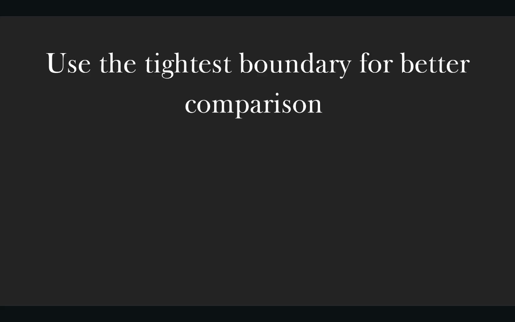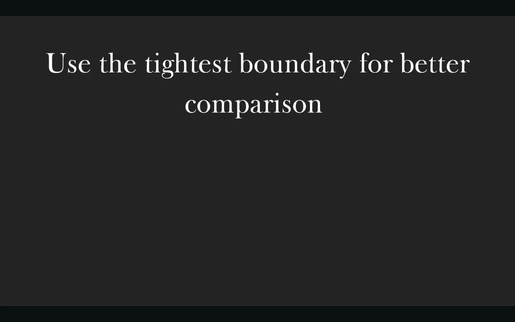Sky is the upper boundary, so you are obviously jumping below your upper boundary, but it doesn't give a very good idea to the person listening about your jumping abilities. If you say that you can jump between roof and floor, it gives a better idea because the boundary is tighter.